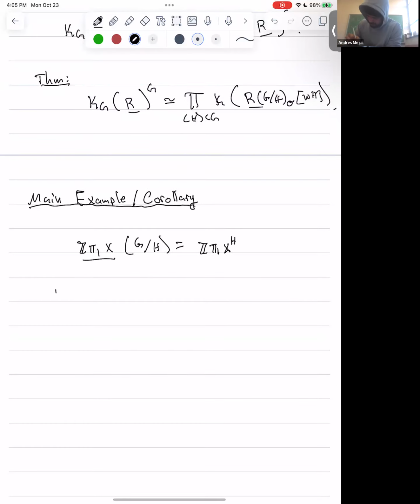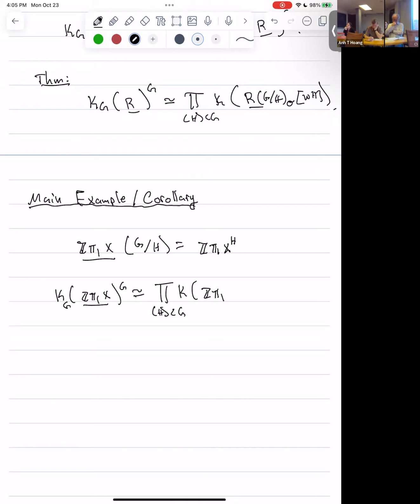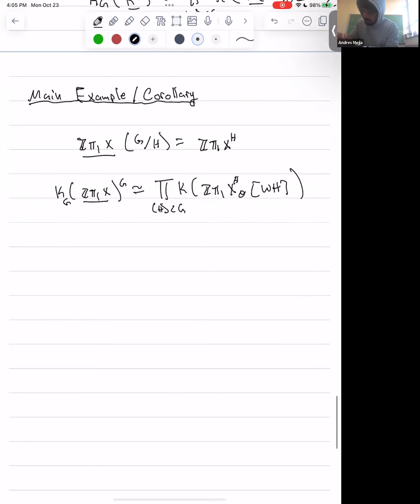So now, K theory. And it's just the fact of algebra that this is in fact the same thing.